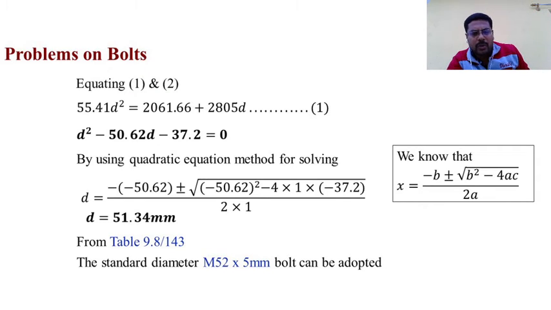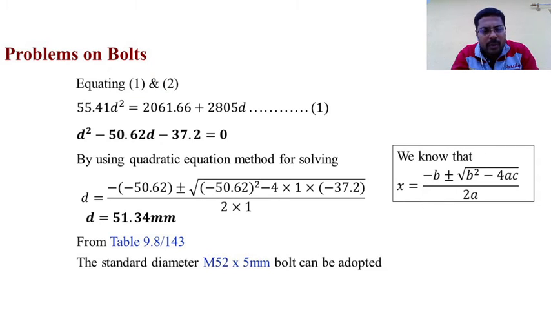Therefore D = minus into minus 50.62 plus square root of (50.62 whole square minus 4 into a, where a is equal to 1, c is equal to minus 37.2), then substitute, divided by 2a, so 2 into 1.